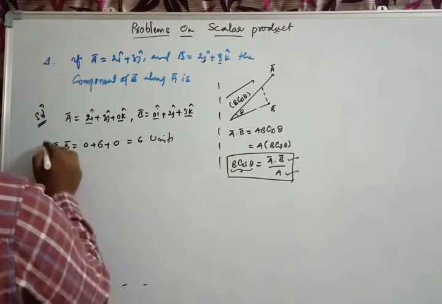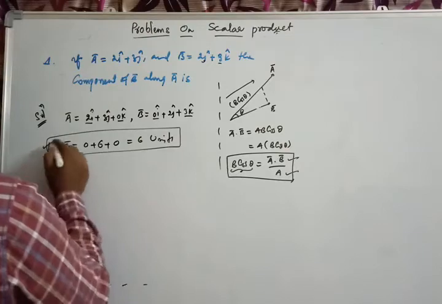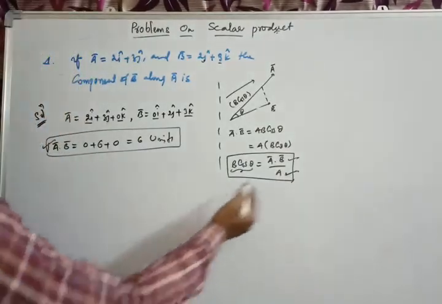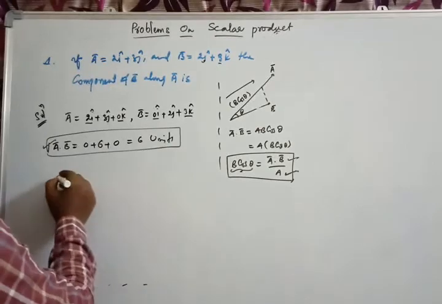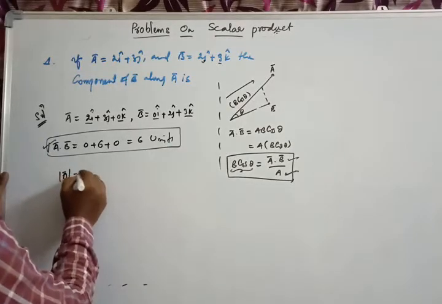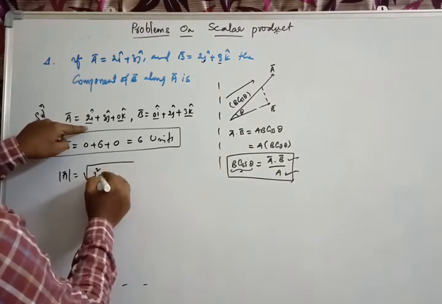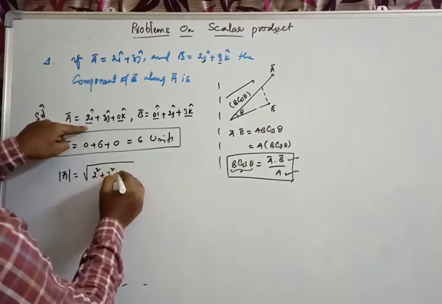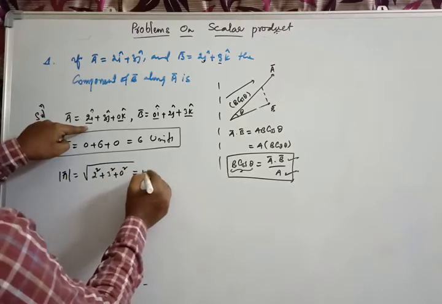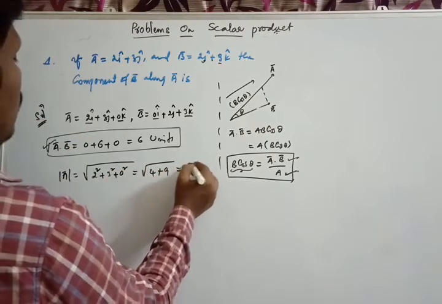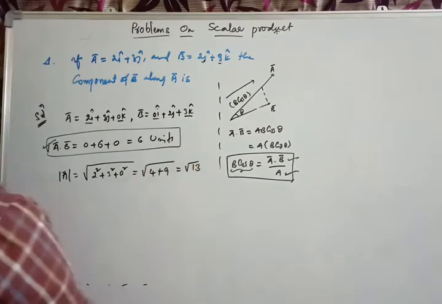That is, A bar dot B bar is equal to 6 units. Then we have to find mod A bar, the magnitude of the A bar vector, that is the square root of 2 square plus 3 square plus 0 square, square root of 4 plus 9, root 13.